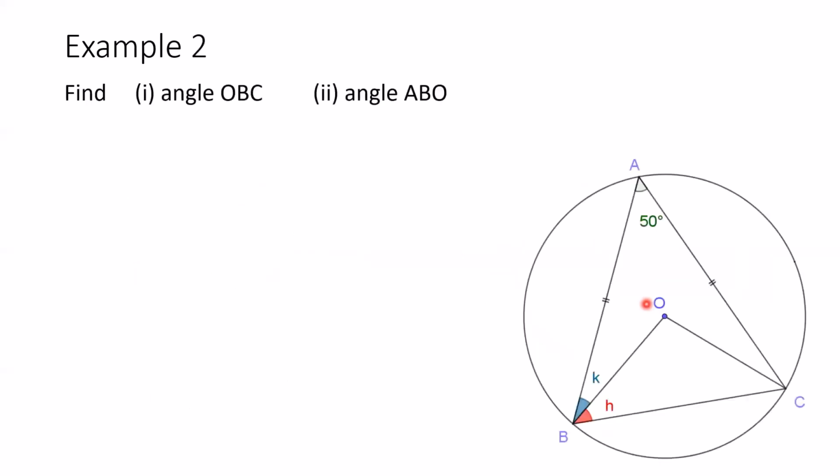Now, example 2, find first part, angle OBC, second, angle ABO. Let's just have a look at the diagram.